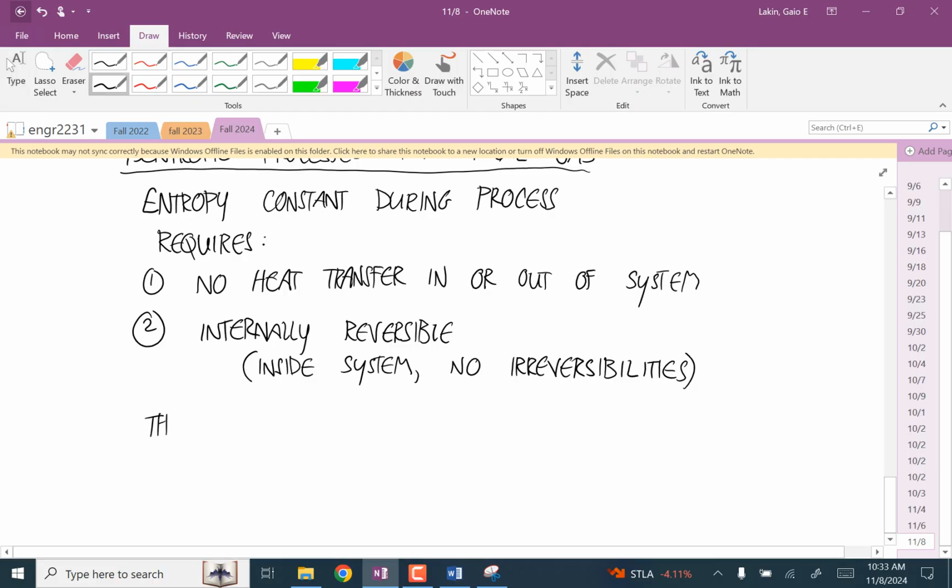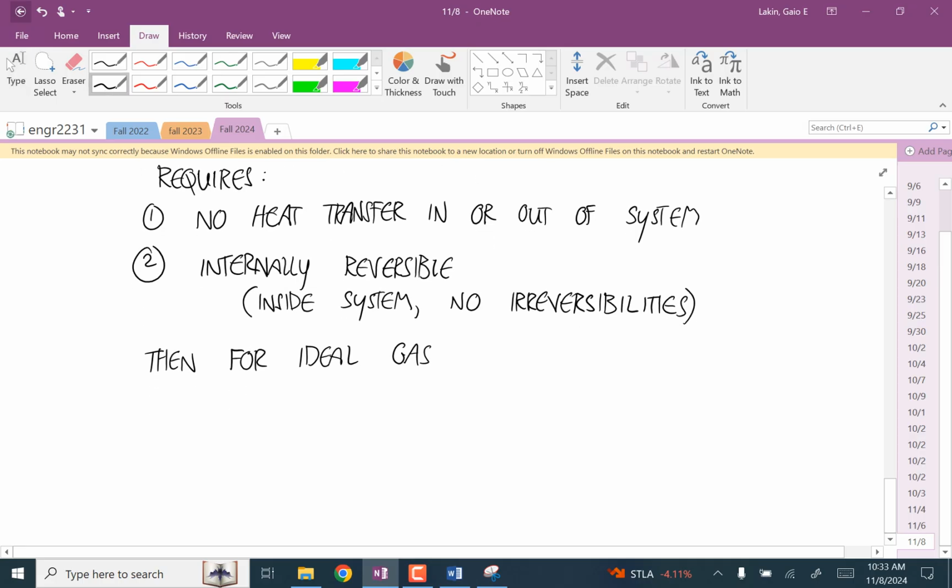So for an ideal gas, you have that 0 is equal to Cp times the natural log of T2 over T1 minus R times the natural log of P2 over P1.